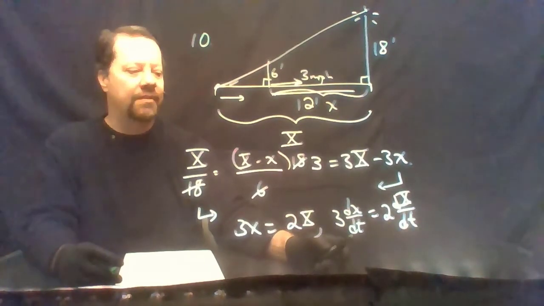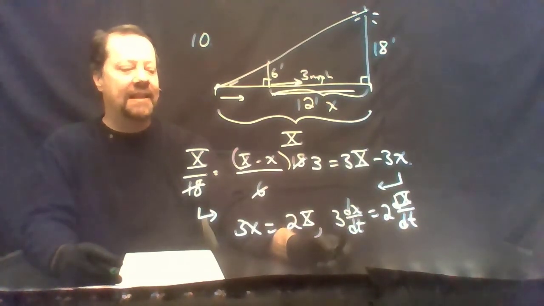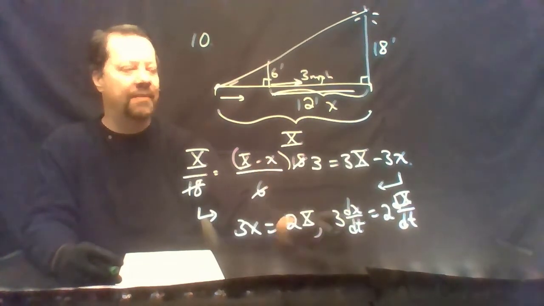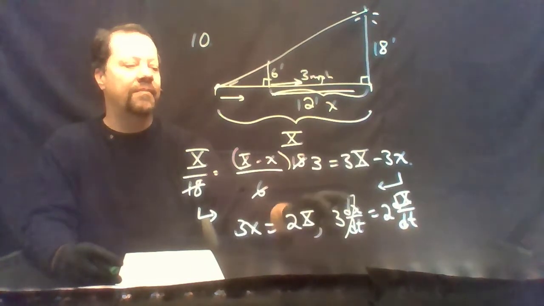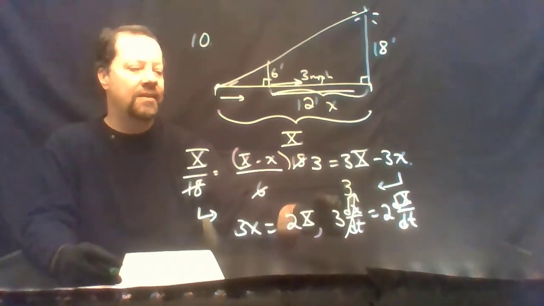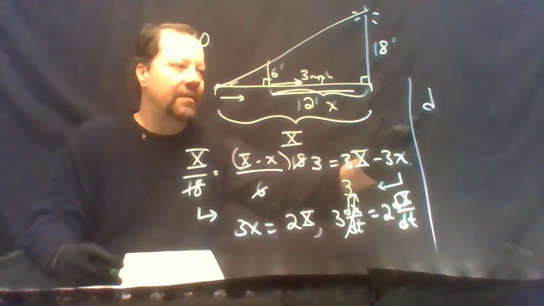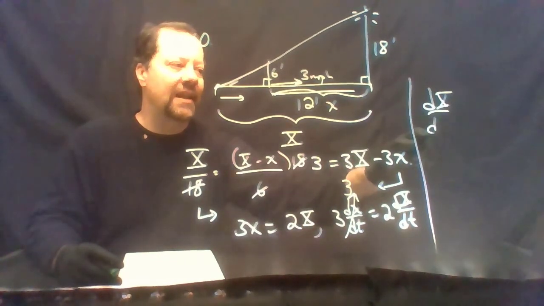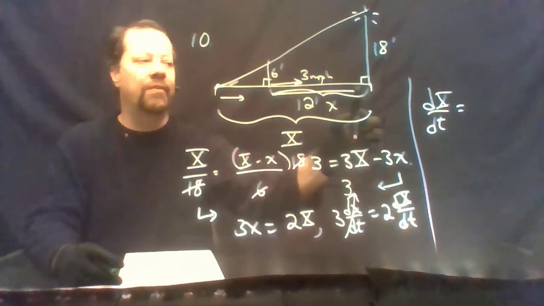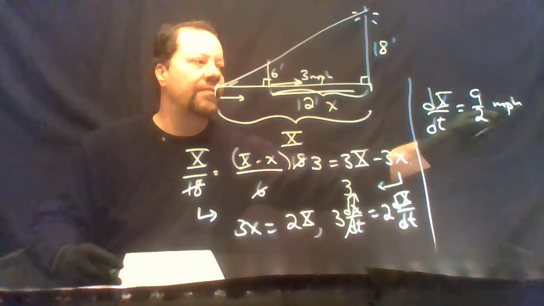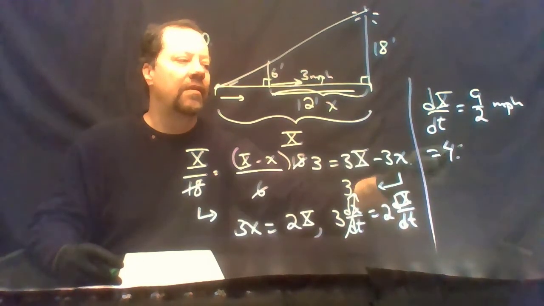We've assumed that d little x dt, the rate at which the person is moving towards the lamp, is 3 miles per hour. So 3 times 3 is 9, divided by 2. The d big X dt, the rate at which the shadow is moving relative to the lamp, is 9/2 miles per hour, or 4.5.